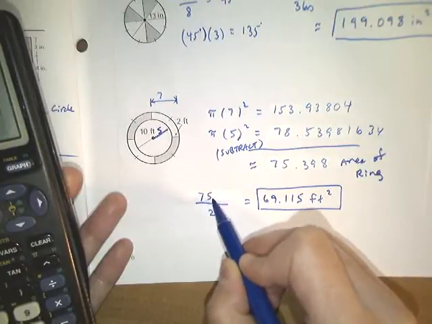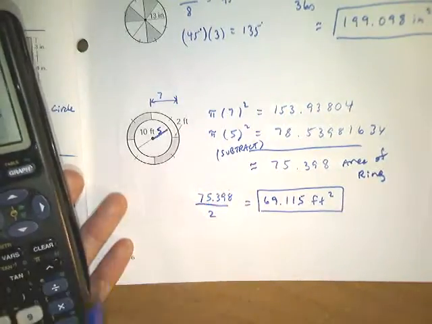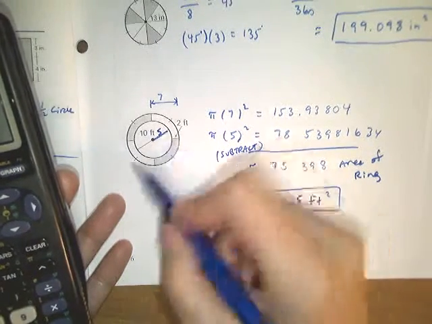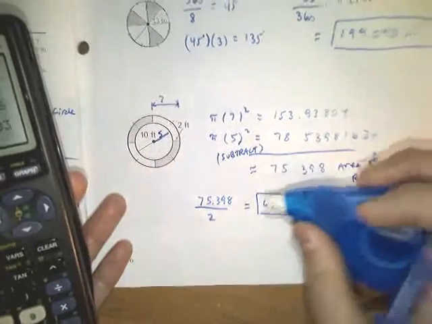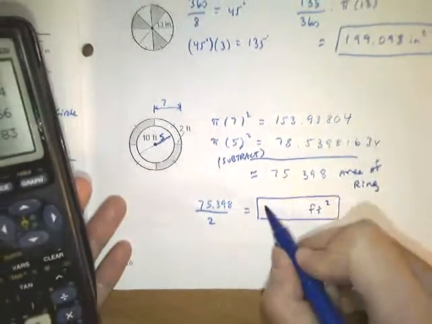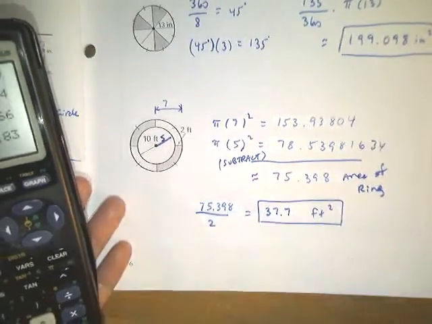So 75.398 and so on. If I take half of that, then I just get this half, not the whole ring. So that would be a different answer. There we go. 37.7 square feet.